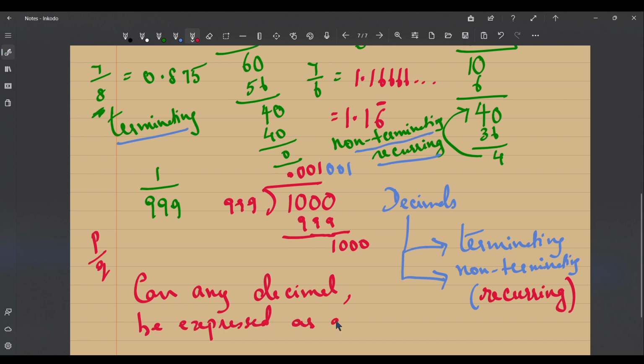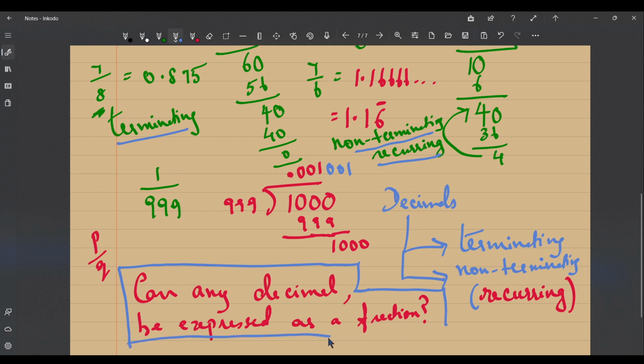Be expressed as a fraction at least. So this is the question which is in our minds now. Having done the decimal representations of all fractions, can any decimal which one could think of be expressed as a fraction? Now we will have to explore this question. You also think about it, and we will explore about it in our next video.